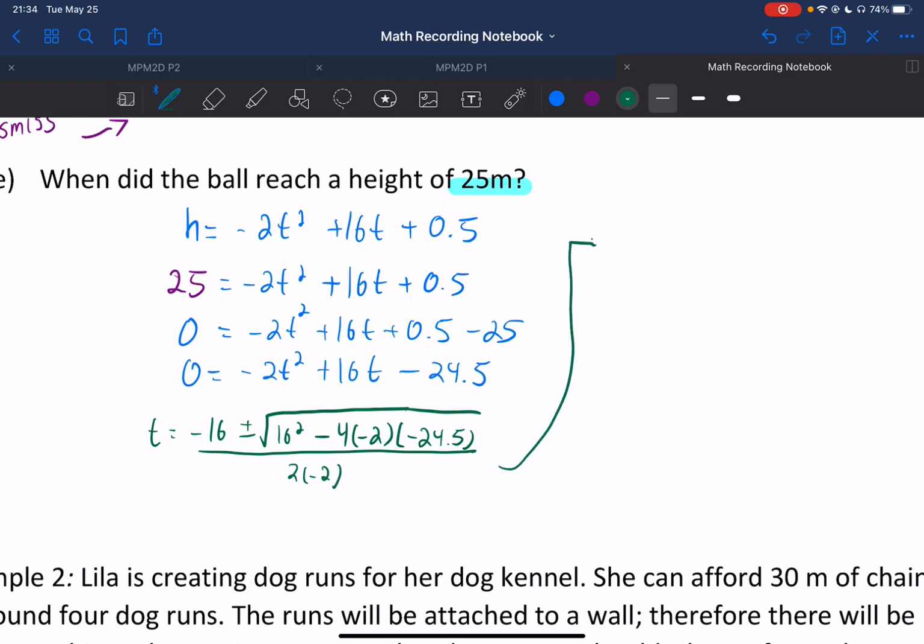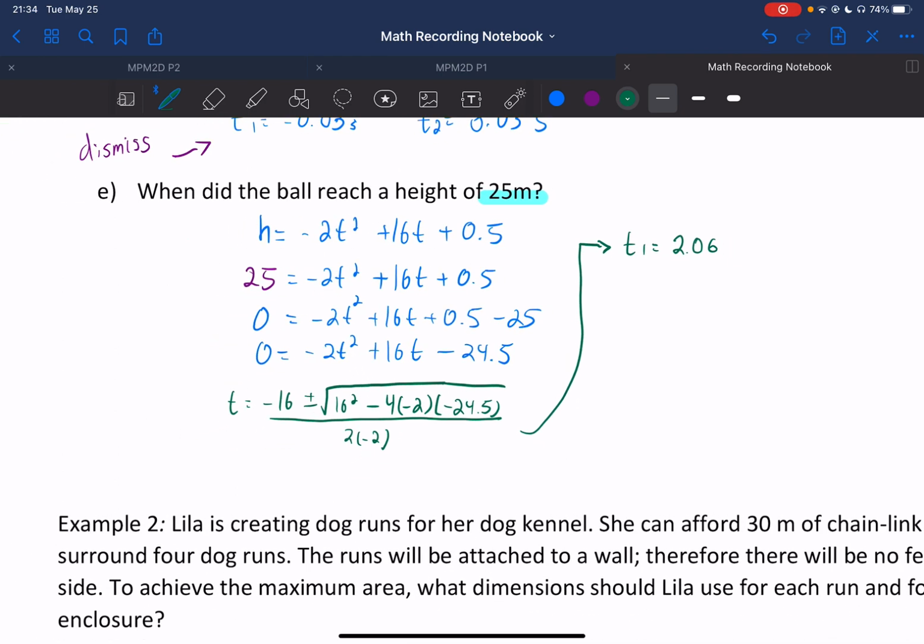Going up here and we solve it, we're going to have our first t equaling 2.06. That represents on the way up. So as the ball is going up in the air, it's going to reach a height of 25 meters at 2.06 seconds on the way up.